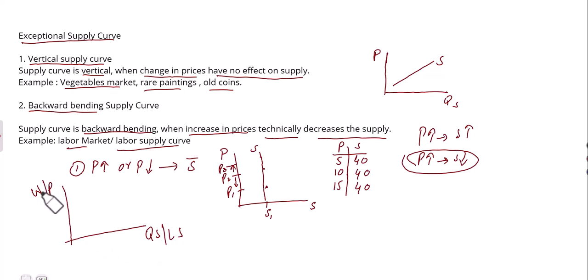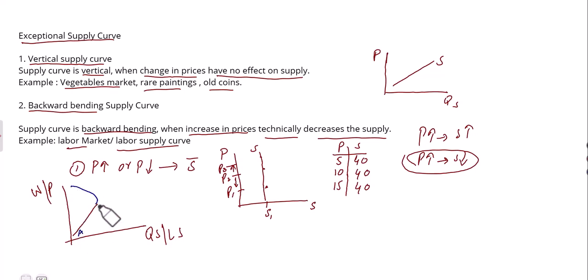So here P is for price, and wage is technically the price of labor. From this point to this point the labor supply has a positive slope: as wages are increasing, more laborers are willing to work in the market. But after a certain point, when wages increase, the labor supply curve becomes backward bending.